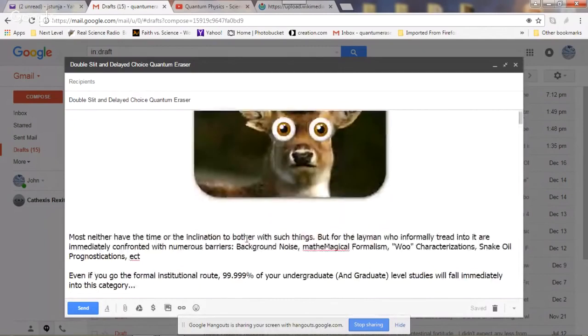So, why is that? Well, most have neither the time nor the inclination to bother with such things. But the layman who informally treads into this area is immediately confronted with numerous barriers. Some we already talked about: the background noise, the mathematical formalism, and, like Cathexis said, the woo characterizations and the snake oil prognostications.